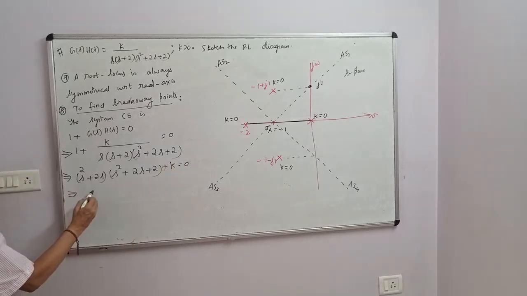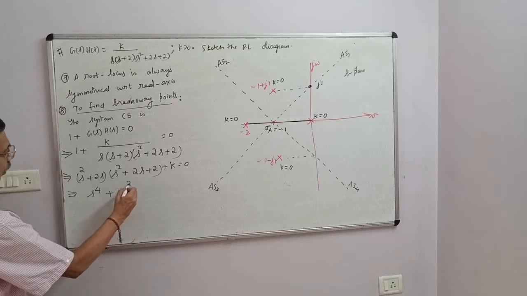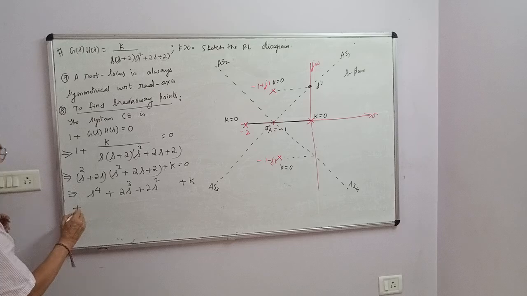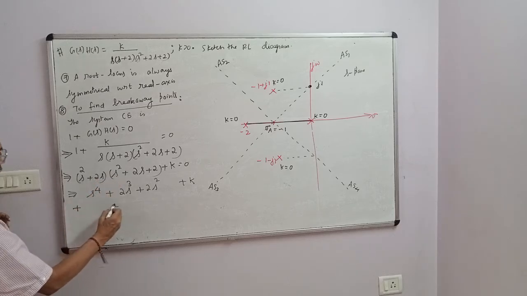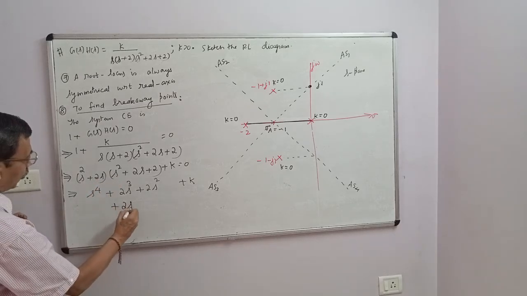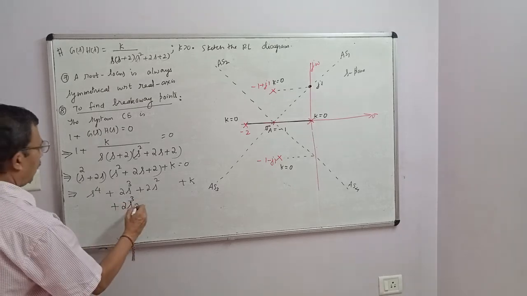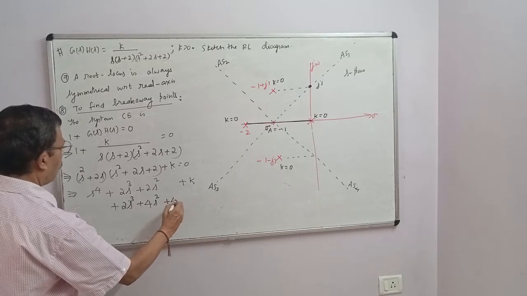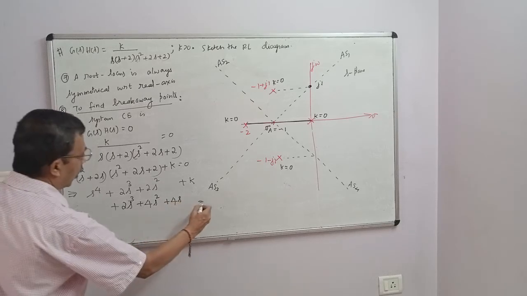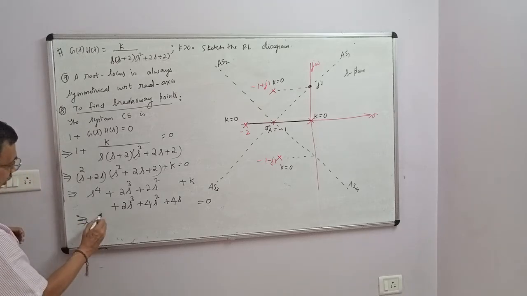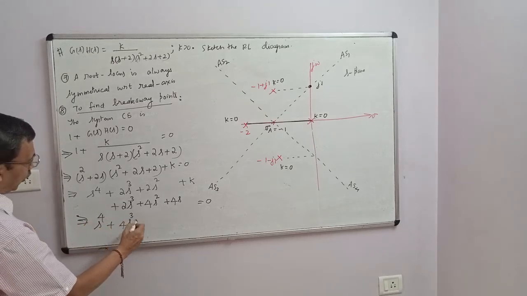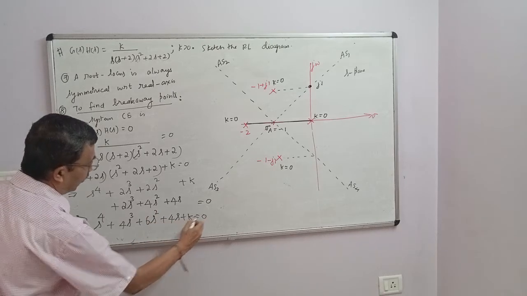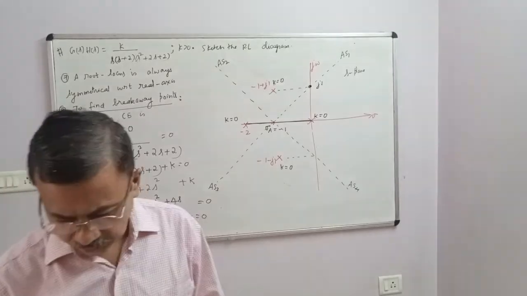Remove the brackets: s to the power 4 plus 2s cube plus 2s square plus 2s cube plus 4s square plus 4s plus K equal to 0. This implies s to the power 4 plus 4s cube plus 6s square plus 4s plus K equal to 0. This is the characteristic equation.